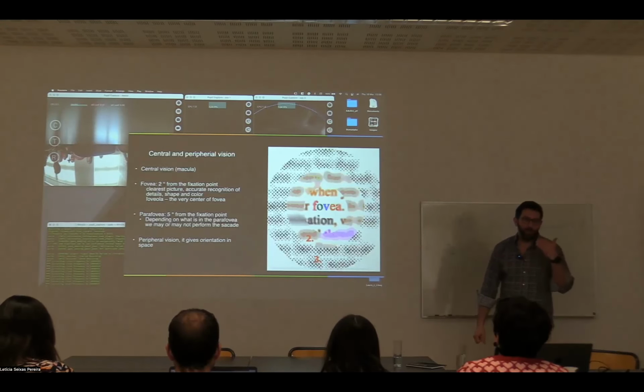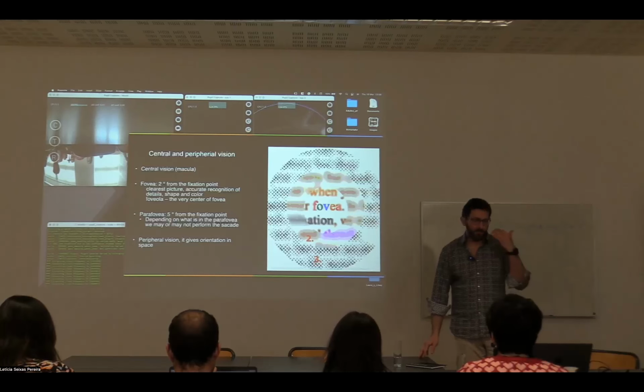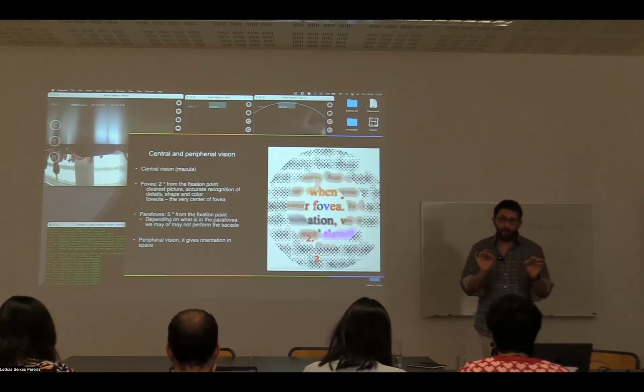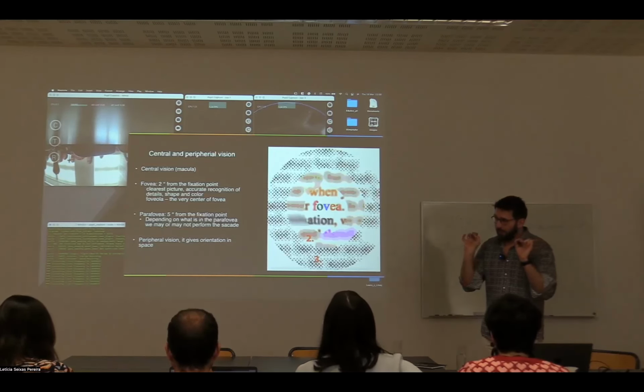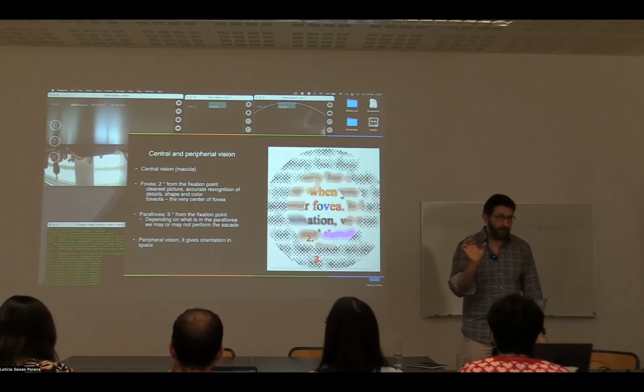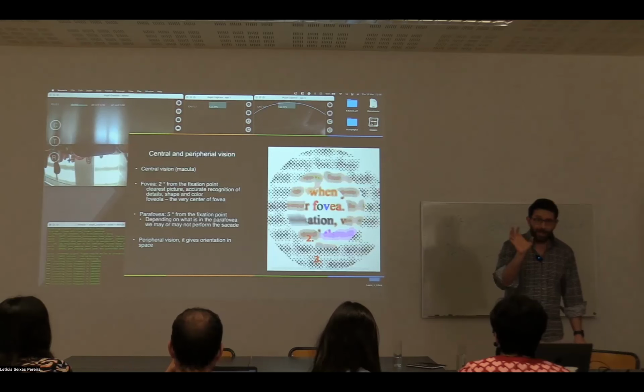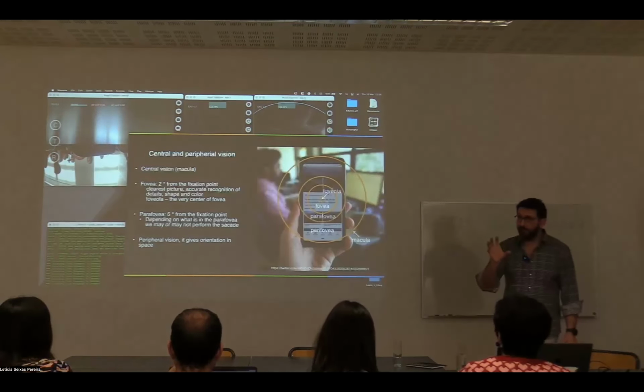Because when we gaze at a point in space, our field of view is super limited. We clearly see up to 2 degrees from the center of our gaze, and we have to move the eyes quickly to see the entire screen.